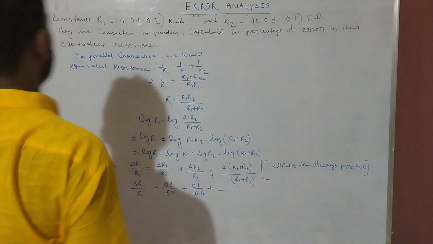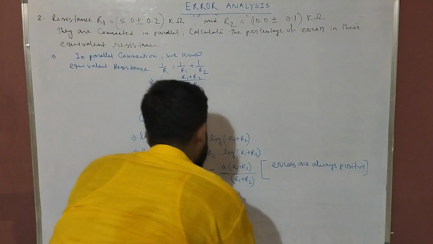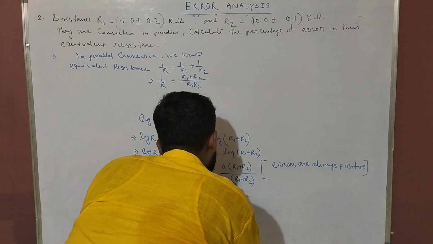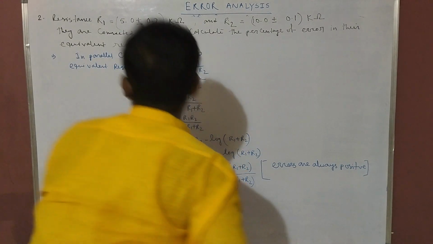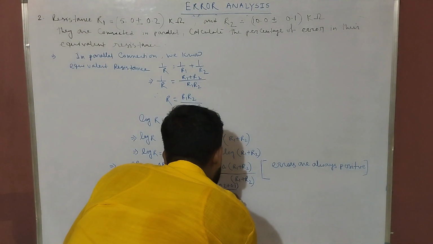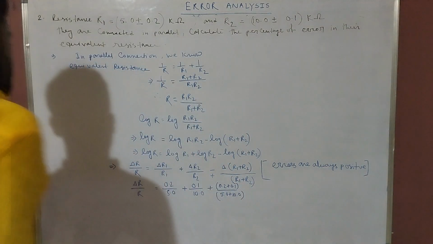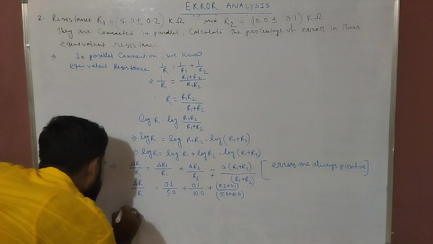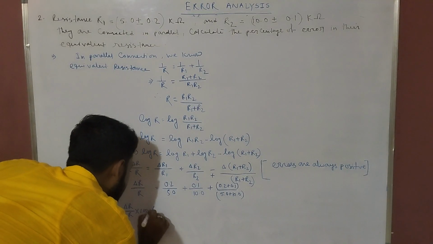del of R1 plus R2, that is 0.2 plus 0.1, by R1 plus R2, which means 5.0 plus 10.0. So percentage of error, what? Del R by R, we have to multiply by 100.